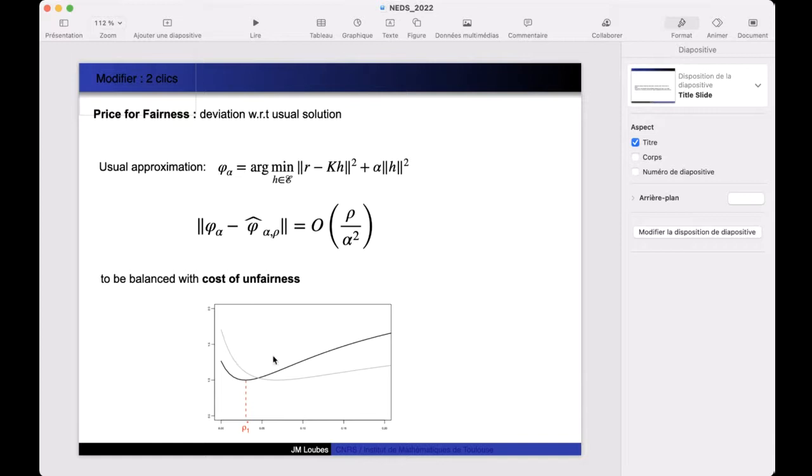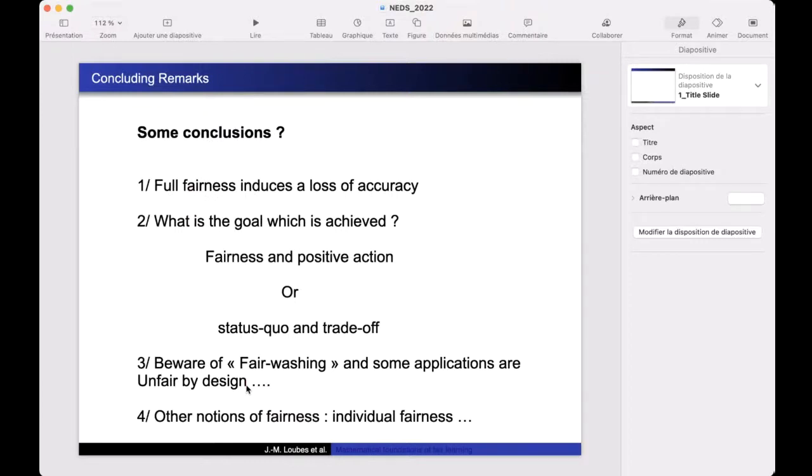So if I look at some simulation, I can see that rho can be chosen with respect to the regularity parameter, and then I can find a minimal value such that I'm close to the fair solution but do not deviate too much from my usual solution.